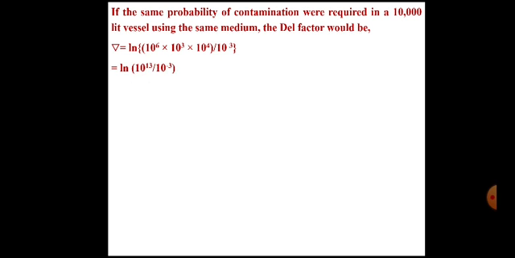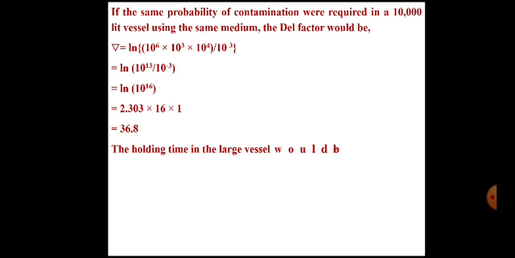So it will be 10 raised to 13 divided by 10 raised to minus 3. Further solving this, log of 10 raised to 16, converting into log to the base 10, 2.303 into 16 into 1. Now the Del factor is 36.8, which is more than the earlier one, which was calculated for 1000 liters.